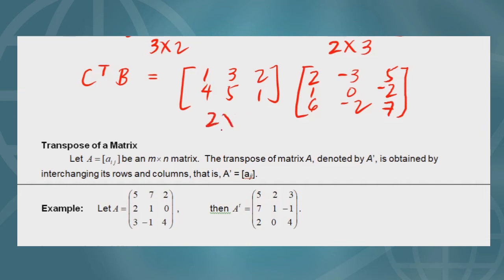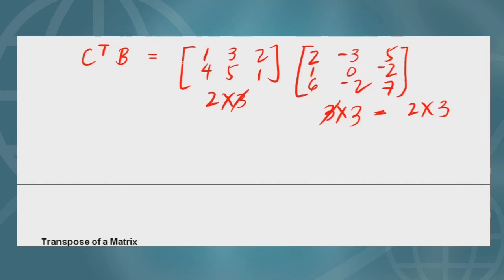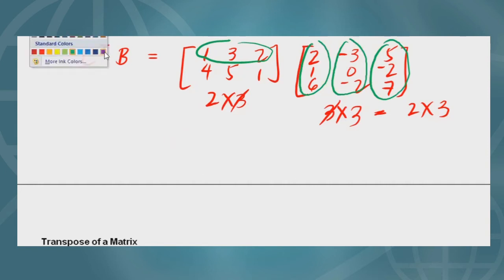We have here 2 by 3 and 3 by 3. Cancel. The remaining dimensions in the middle give a 2 by 3 final answer matrix. So, it is possible to be multiplied. As I was saying, let us multiply each row, distributing to each of the columns of our second matrix. Let's do it.